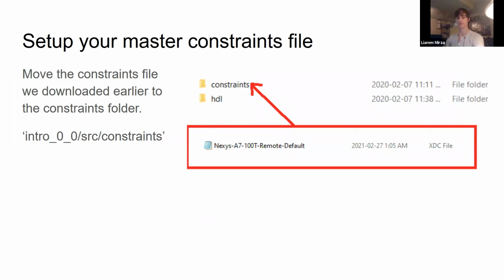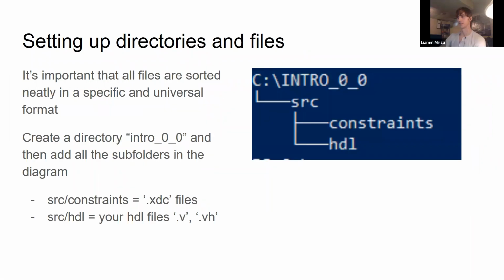Yep. And then you just take the constraints file that Gabe linked earlier, and then just move it into the constraints folder. Wait, could you go back just to make sure everyone got the directory set up? All right. Having issues with setting up the directories? So make a folder called intro_0 and then a folder within that called source, and then two folders within that called constraints and HDL.